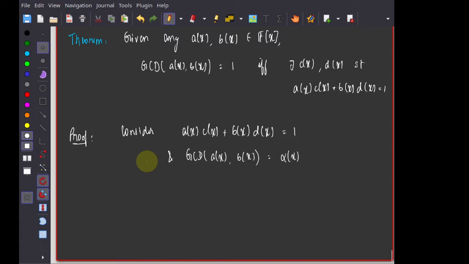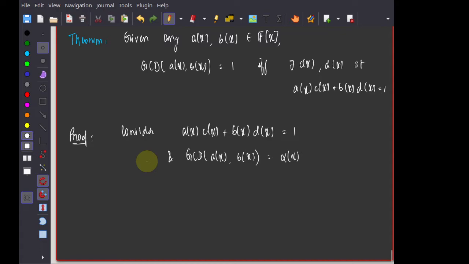Correct? So how do you use it? So you know that alpha of x is the GCD of a of x and b of x. What does it mean? What does it imply? Correct. So alpha of x divides a of x and alpha of x divides b of x. So alpha of x divides a of x c of x.